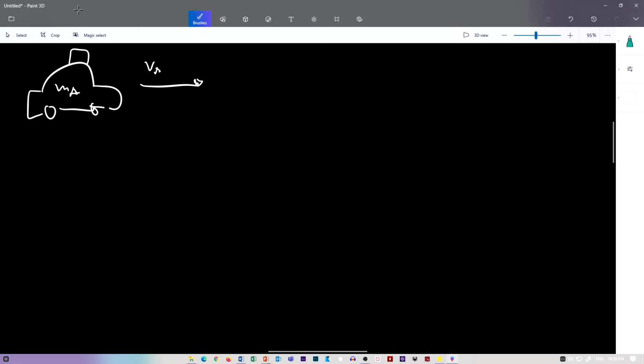So that would be our v sub a sub 0. Then it bumps the rear end of a sedan. So just assume this is a sedan, alright? I'm not gonna draw it precisely for you. So let's have a smaller arrow for this velocity because this is running slower, right?